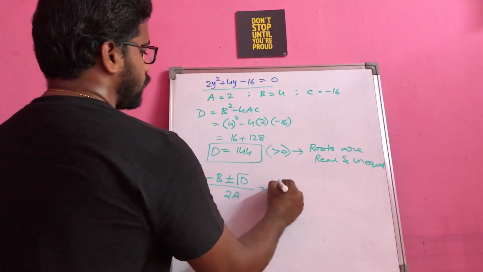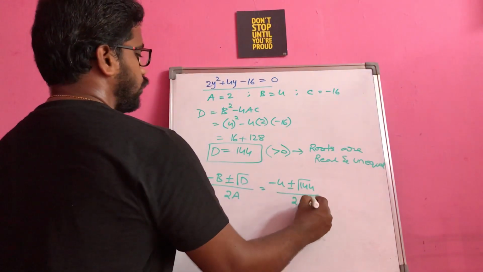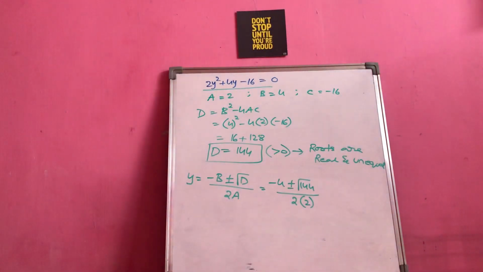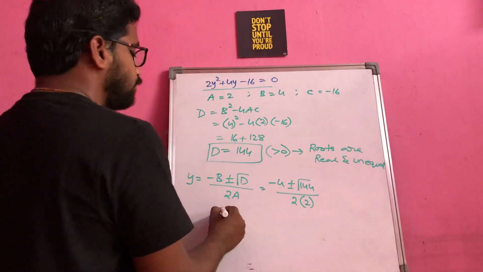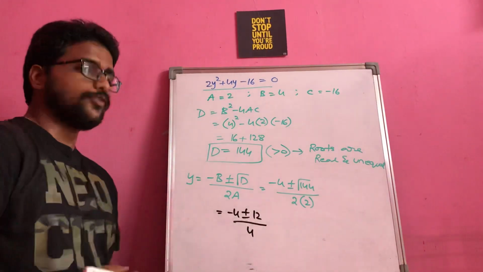So this is minus 4 plus or minus root 144 by 2 into 2. So hope you know the value of root 144 is 12. If you substitute root 144 as 12, you will be getting minus 4 plus or minus 12 divided by 4.